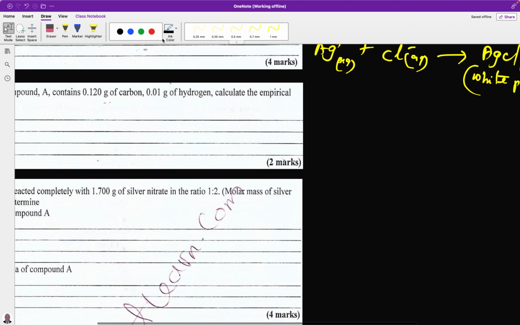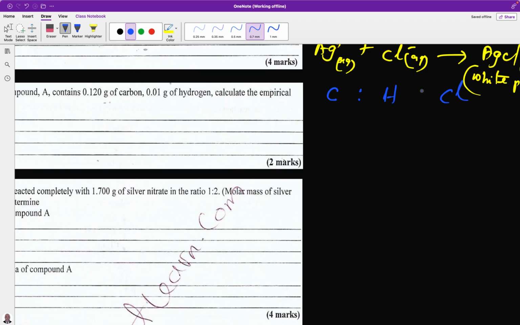Calculating the empirical formula for this compound, the first thing you will do here is, they say the compound contains carbon, hydrogen, and chlorine.